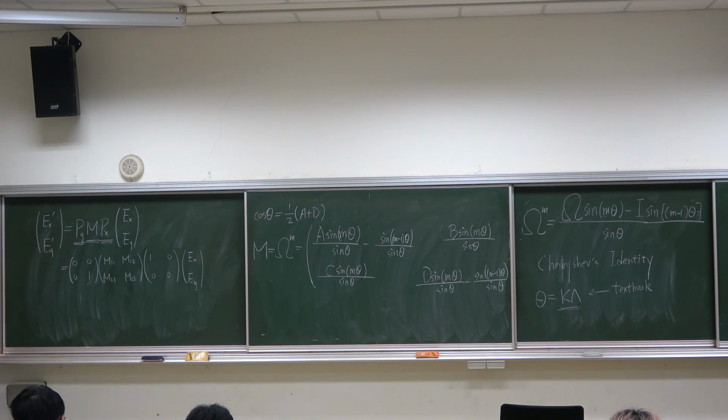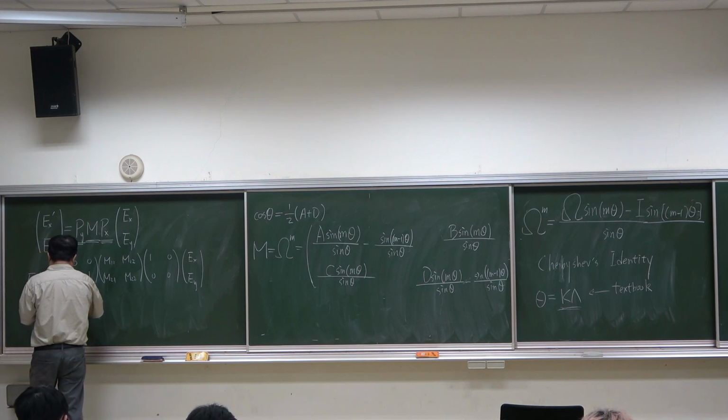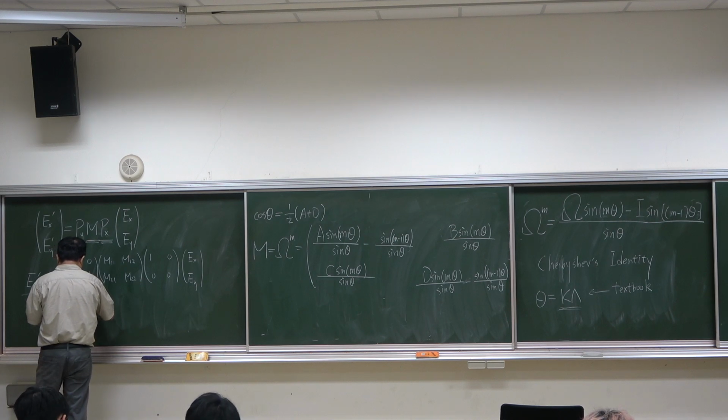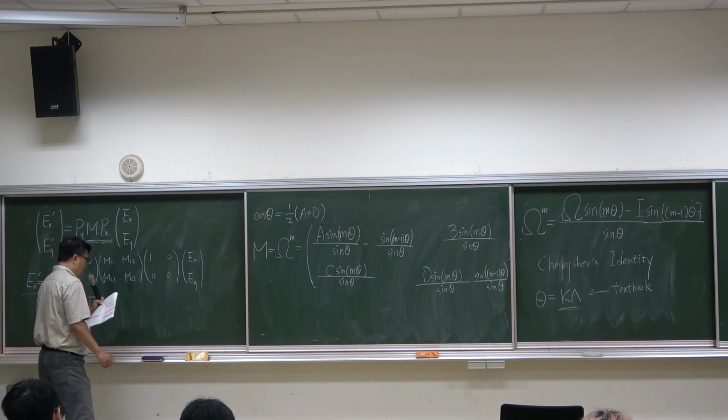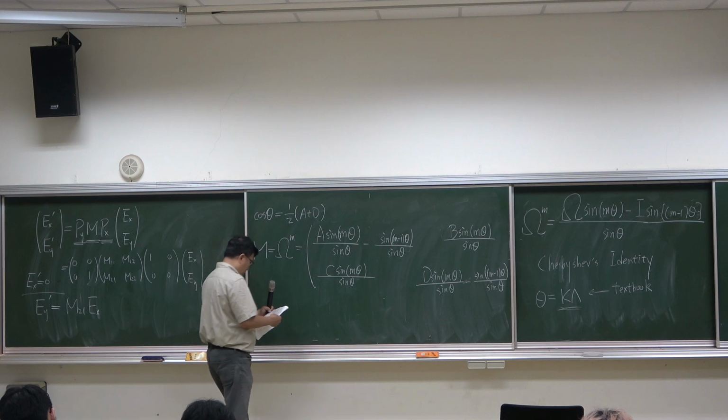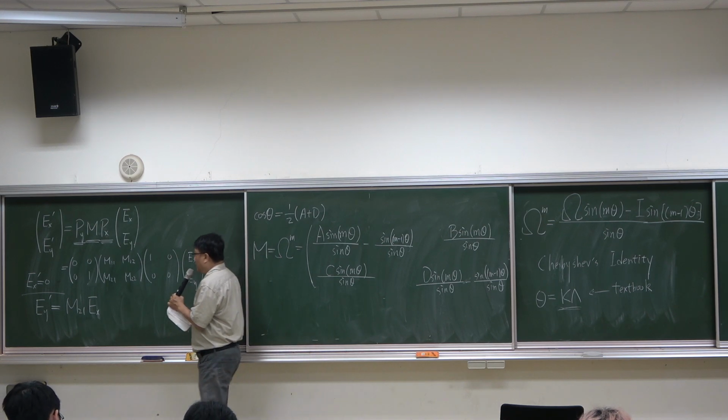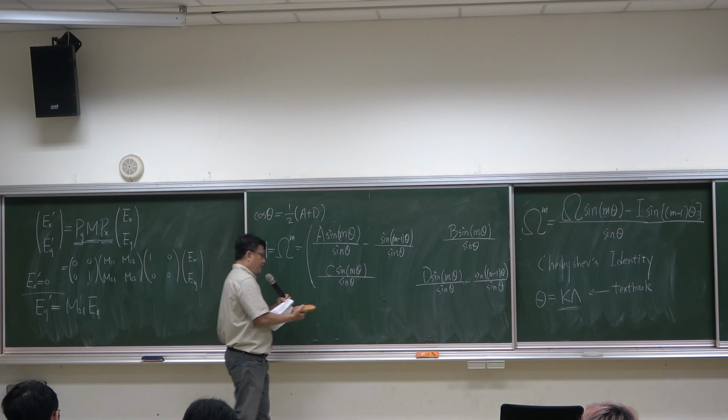So finally, we get non-zero Ey prime and 0 Ex prime. Ey prime is equal to M21 times Ex. Okay. So what is the transmission?